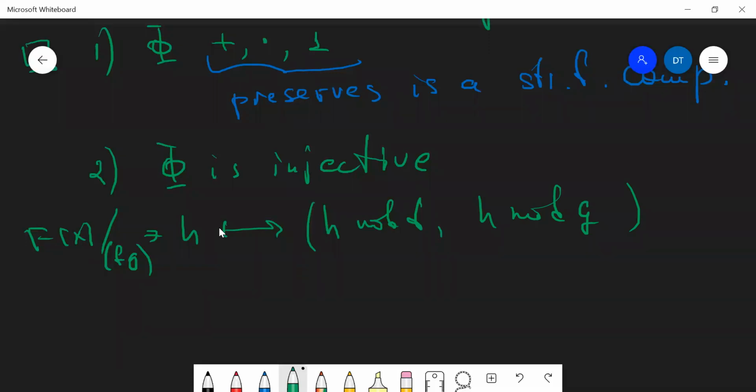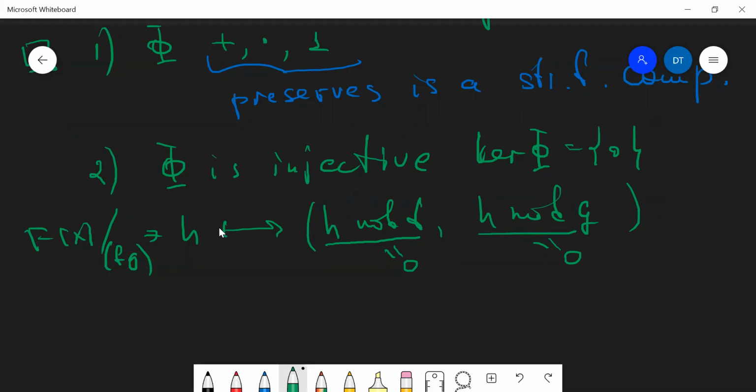Now, in order to prove that a homomorphism of rings is injective, it is enough to show that the kernel of the homomorphism consists of the zero polynomial only. So this means that we should assume that h is a polynomial going to 0, and we need to prove that h itself is 0.